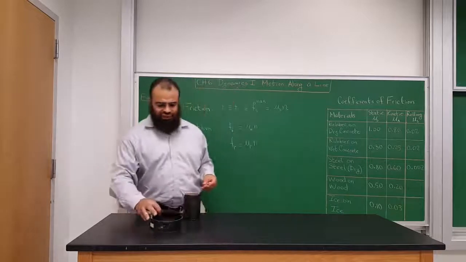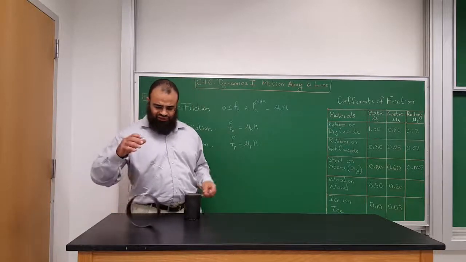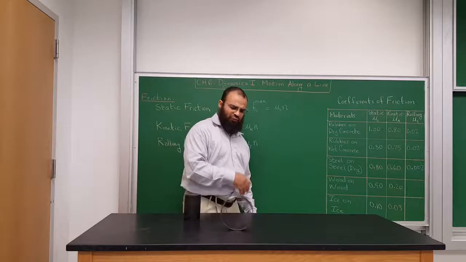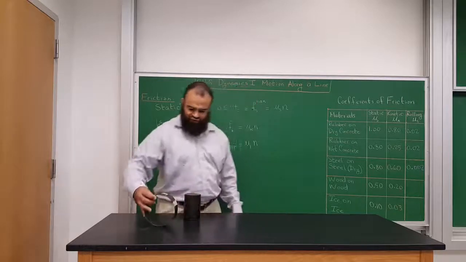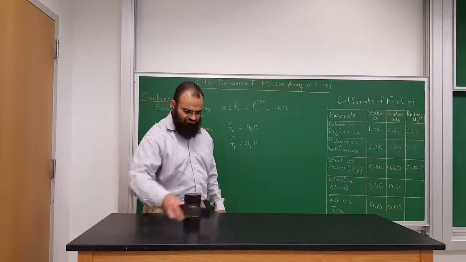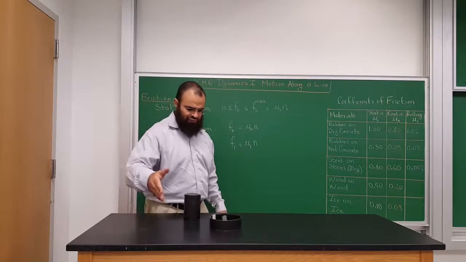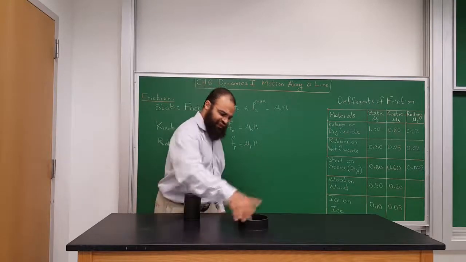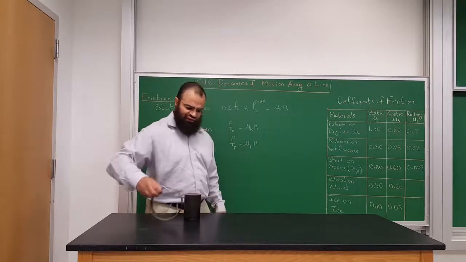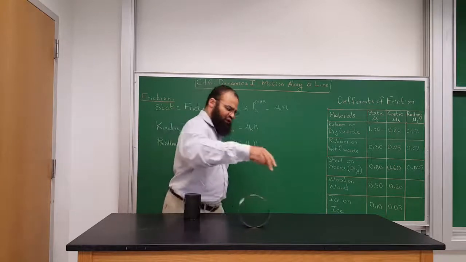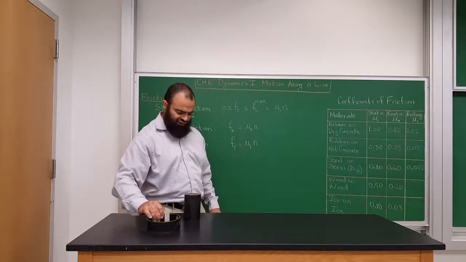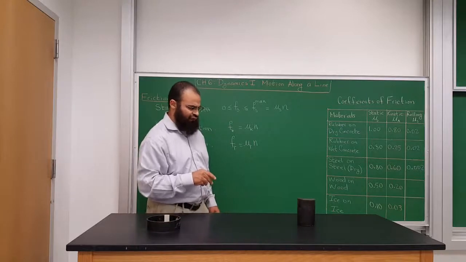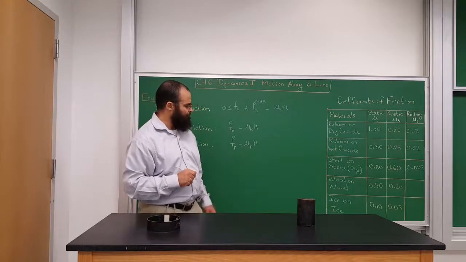Something rolling is typically much less. It will roll much longer than if I just do this. Let me do it this way, then it stops quickly. This is kinetic friction, but this is rolling. Rolling is much less. This is kinetic. Eventually it stops, okay?